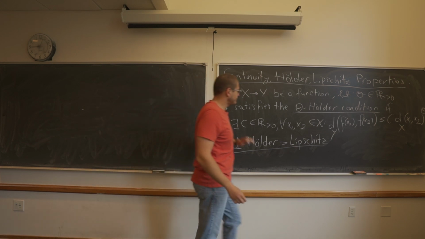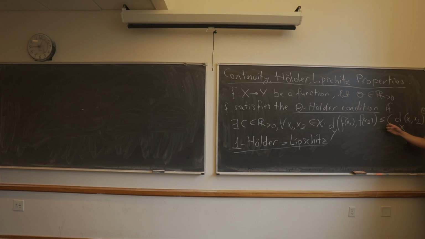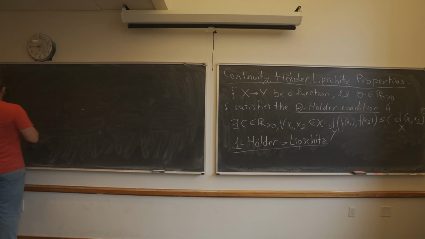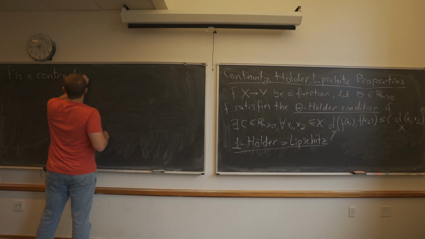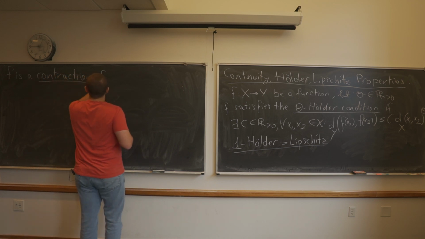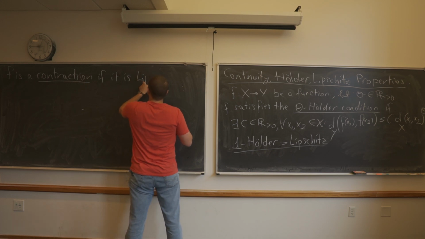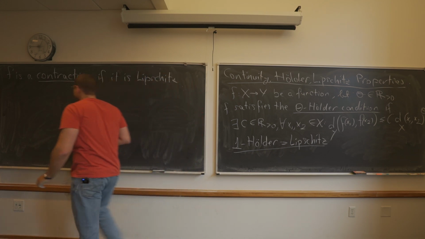If f satisfies the Lipschitz condition with this number C less than 1, then it's called a contraction. If it is Lipschitz with C less than 1.